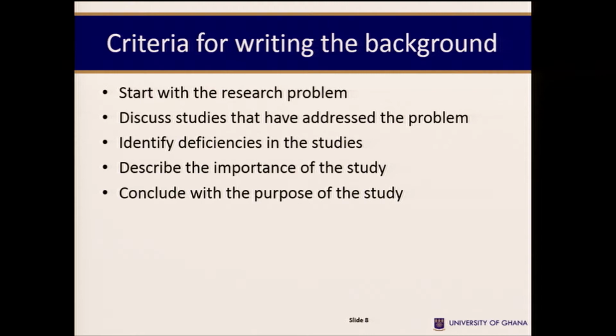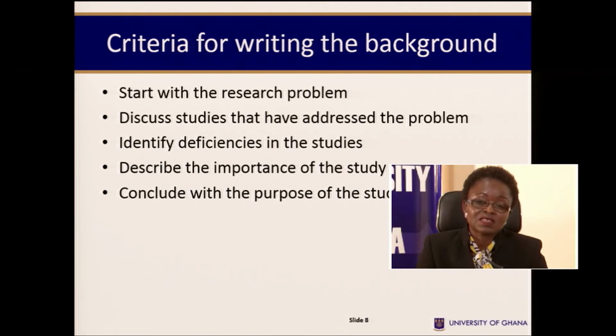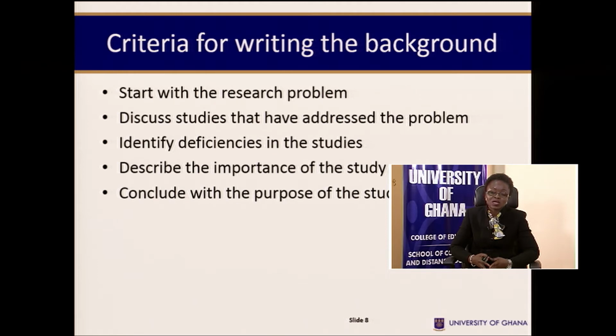I mentioned earlier that the background is where you describe the problem you want to study. So you start with the research problem. In trying to describe this research problem, you have to discuss the studies that have addressed the problem previously. And this is where you are able to come up with the deficiencies or the shortcomings of previous studies that have studied the same area.